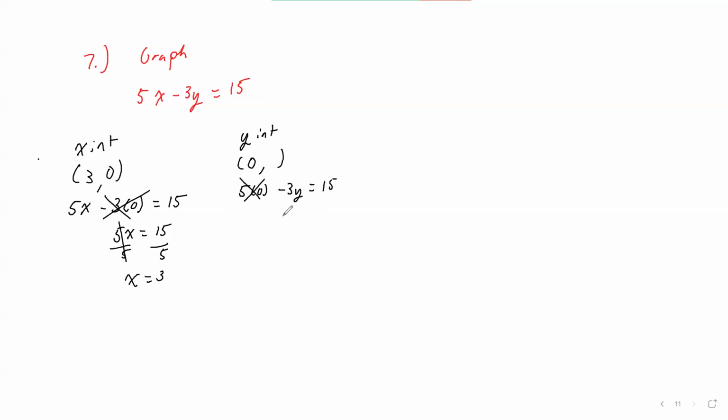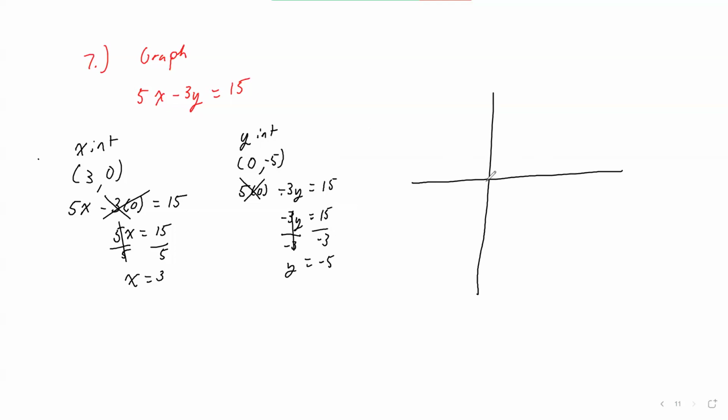That goes away. The key here is to make sure that sign stays with the number. A lot of students will lose that sign. But yes, I would want to divide by a -3. Perfect. -5. 15 divided by 3 is 5, and then a positive and a negative make a negative.